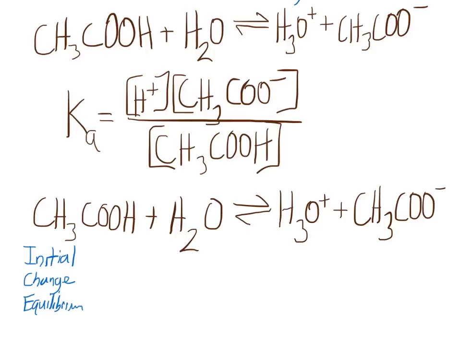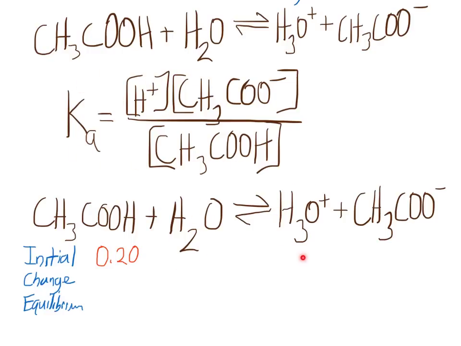Alright, so let's start off with initial. The initial concentration of acetic acid was given in the problem. I won't scroll up, I'll just tell you: 0.20. Now the initial concentration of the water is a lot, but we don't need it because it's not in the equilibrium constant equation.